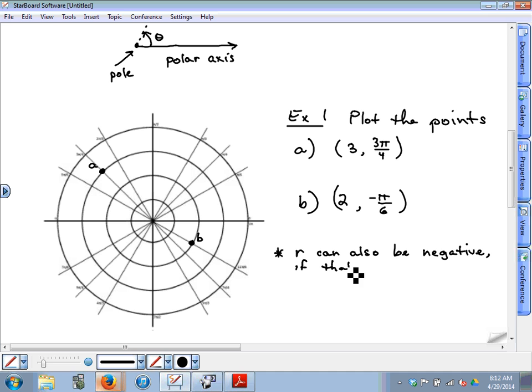If that's the case, add 180 degrees to the angle.